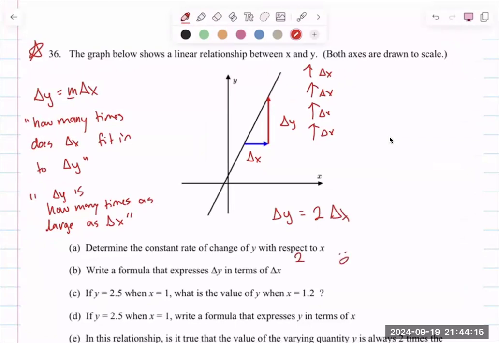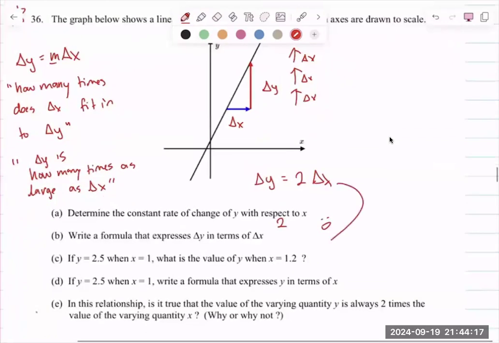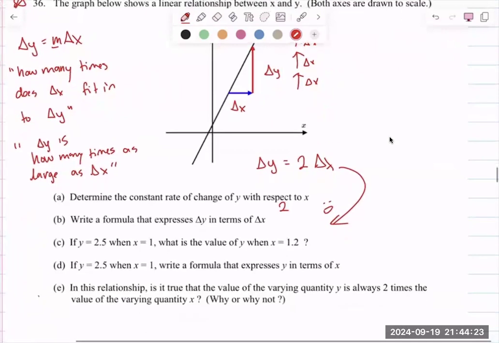Yippee! I honestly use that formula to find the constant rate of change. So that's the formula right there. Okay, so if we have this point, y equals 2.5 when x equals 1, so 1 comma 2.5, what is the value of y when x equals 1.2? Let's think this out. What is our change in x here?